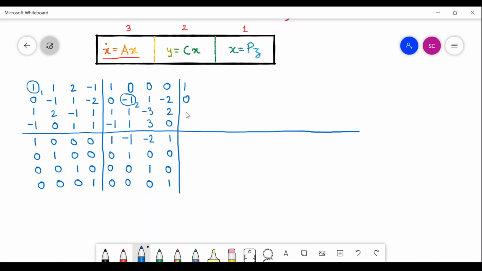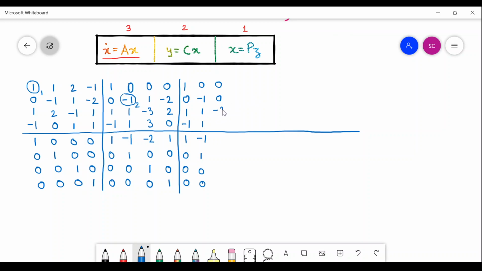So now you are getting this. This is a simple addition you should do, so that this row is completely 0 except this one.